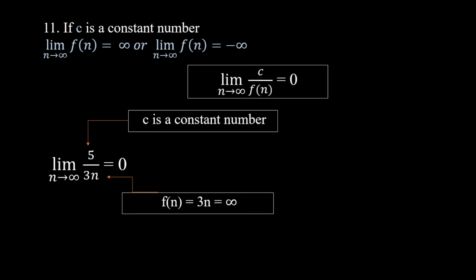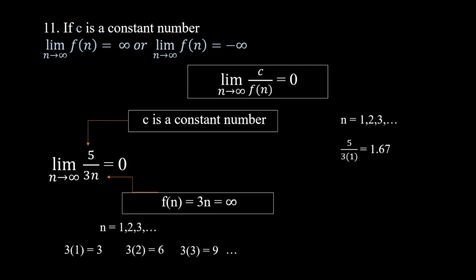So when you plug in for the n, you find that the first term of this sequence is 5 over 3 times 1. You get 1.67. For the second term, you get 5 over 3 times 2. You get 0.84. And the third term is 5 over 3 times 3. You get 0.56. So you can see that it converges to 0.